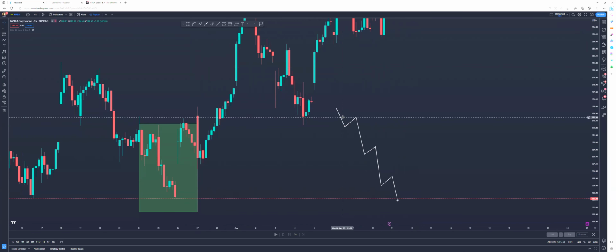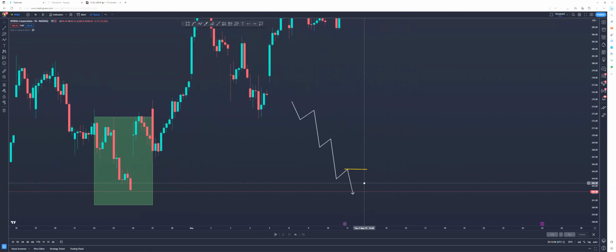So if we're looking at a downtrend, we want a break of structure. The easiest way is that one of these highs needs to be broken. So if this high is now broken, we can then take calls.